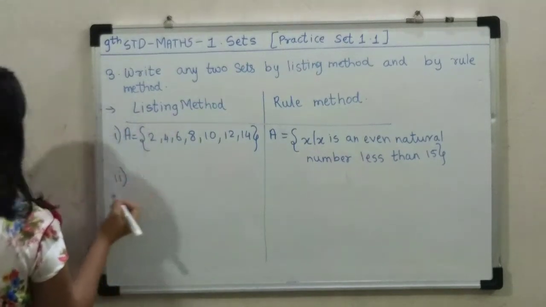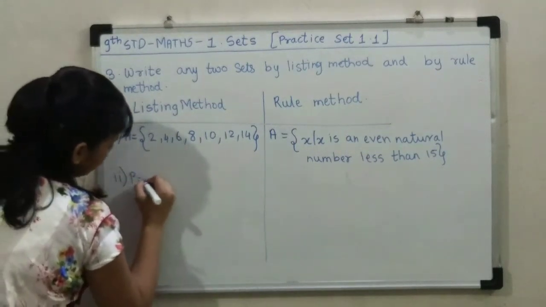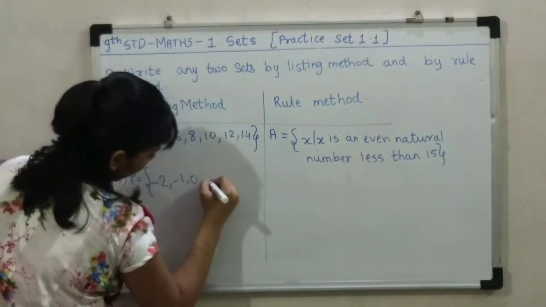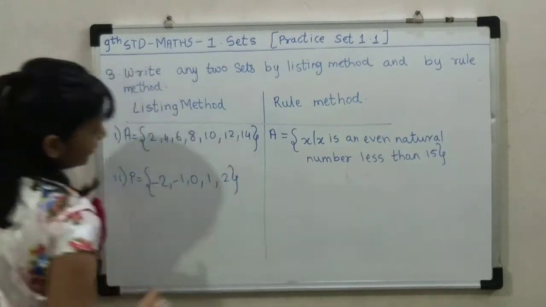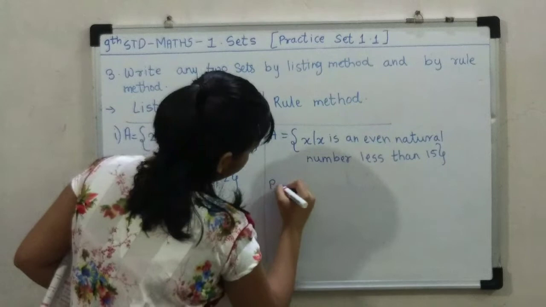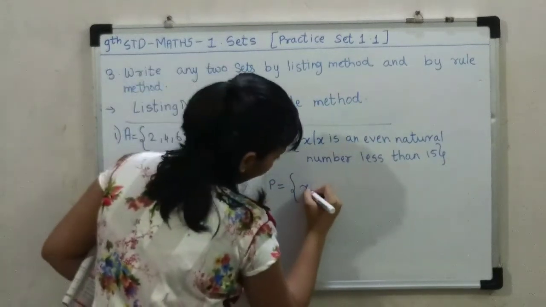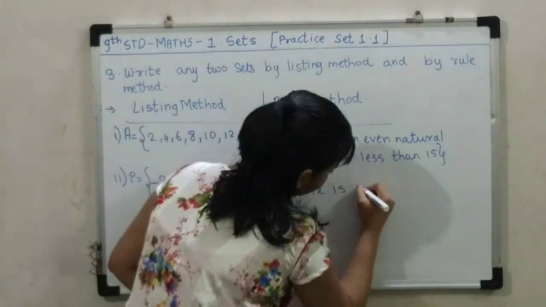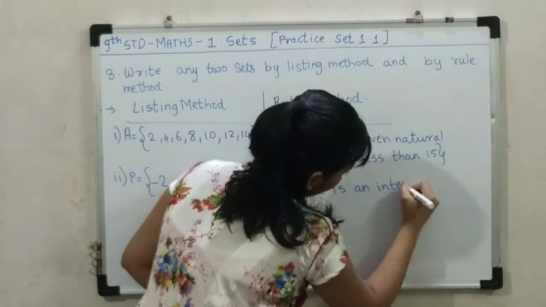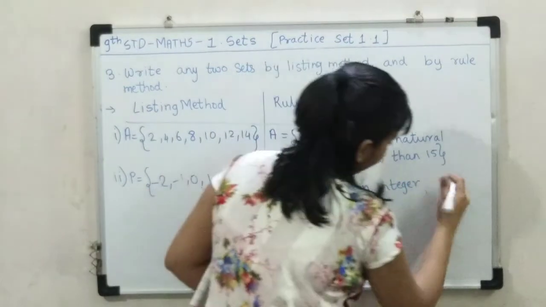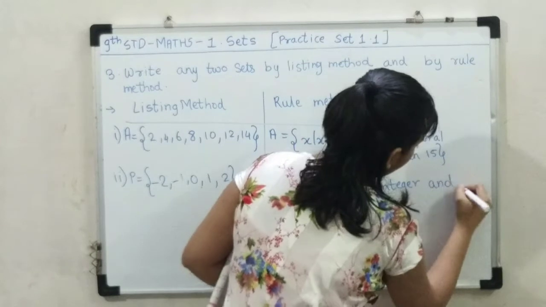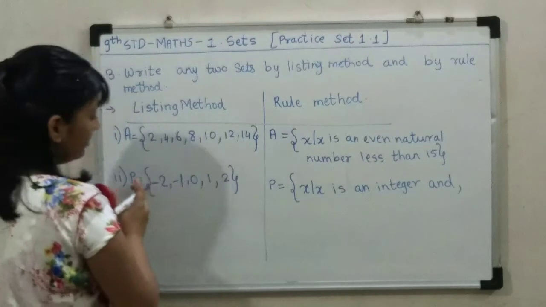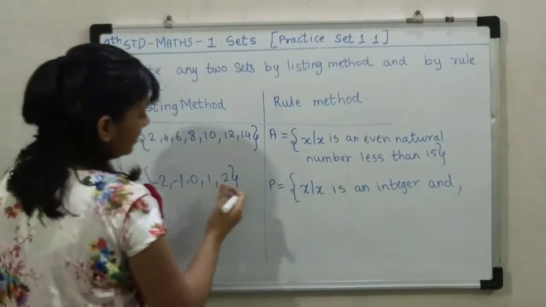Second, we can write set P is equal to -2, -1, 0, 1 and 2. So here set P is equal to x such that x is an integer, and all the properties we have to write here: they are between -3 and 3.